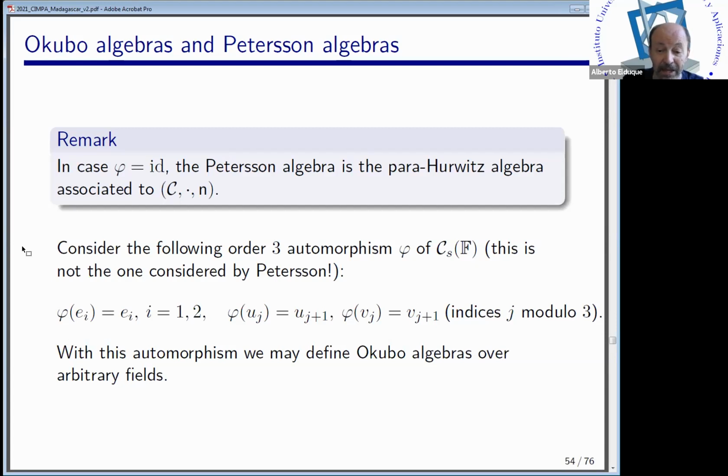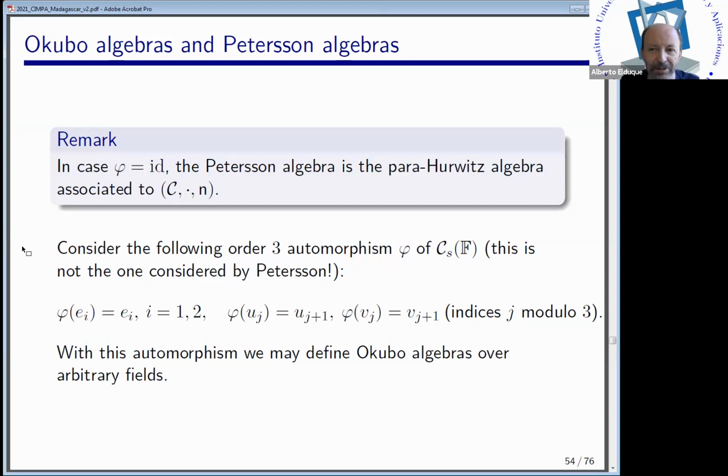But see, in the split Cayley algebra, there is another natural automorphism that works over any field. We can fix our orthogonal idempotents. And now we have these two three-dimensional vector spaces. In these three-dimensional spaces, we have a basis in U and the dual basis in V. We can permute cyclically these bases, both in U and V. And this is clearly an automorphism because the multiplication in the split Cayley algebra doesn't depend on the particular order of the elements of the basis.